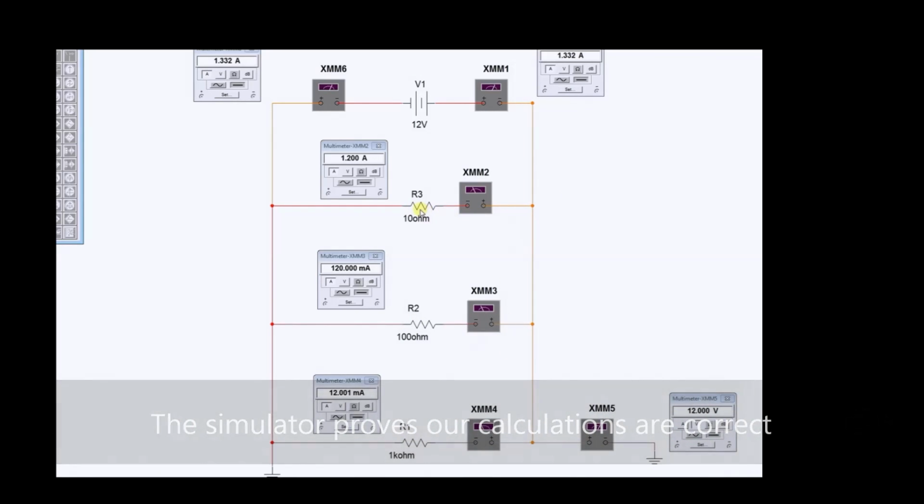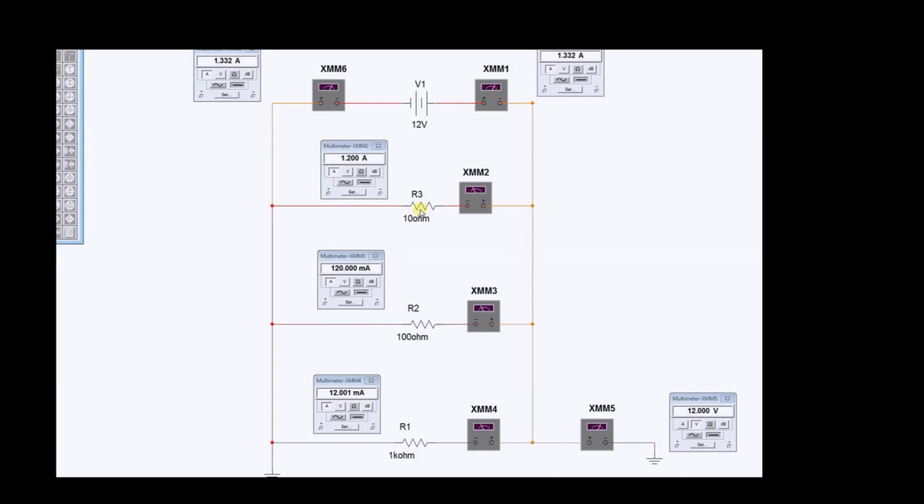Most of the current flows through R3 because R3 is the smallest resistor, so it allows more current through. 10 times less current flows through R2, and once again 10 times less current flows through R1 than R2. They all join back together at this point before returning to the power supply. The volt drop across each branch in the parallel bank is exactly the same at 12 volts.